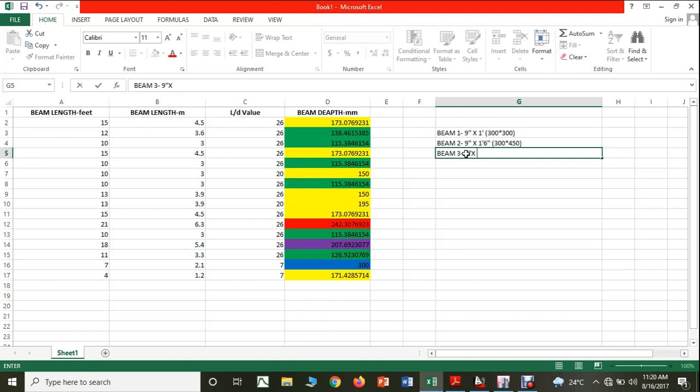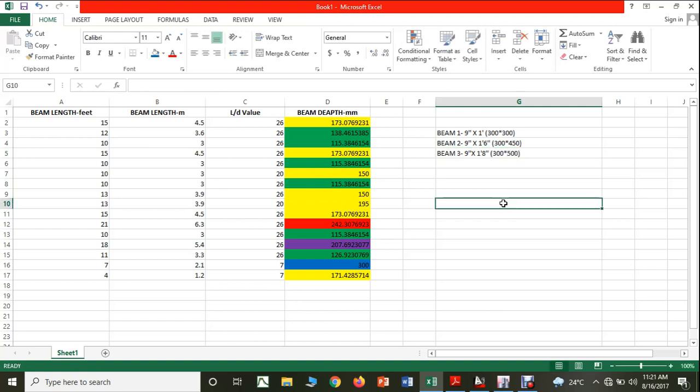If I remove 12 inches, I am going to get 8 inches, that is a 1 feet 8 inches beam. Okay, that is 300 into 500 mm. So like this, let us make the 3 categories of the beam.